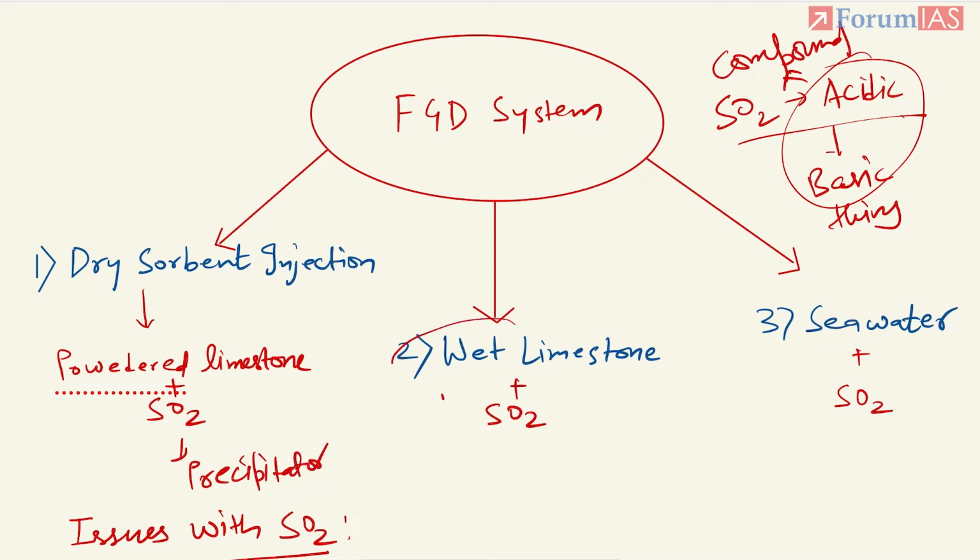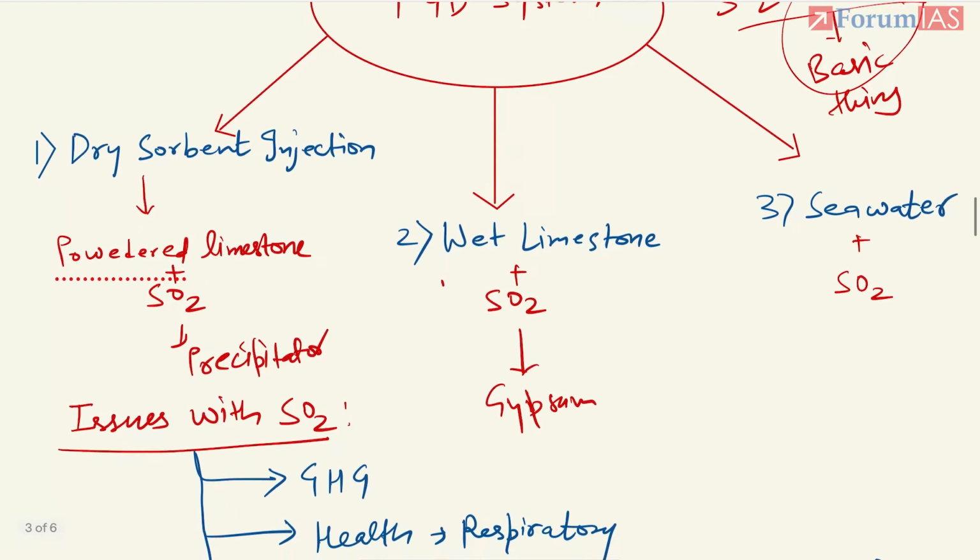Second is wet limestone. The difference between these two is that here we use dry limestone, here we use wet limestone. Wet limestone, when it reacts with SO2, makes gypsum. Gypsum is a very stable compound.